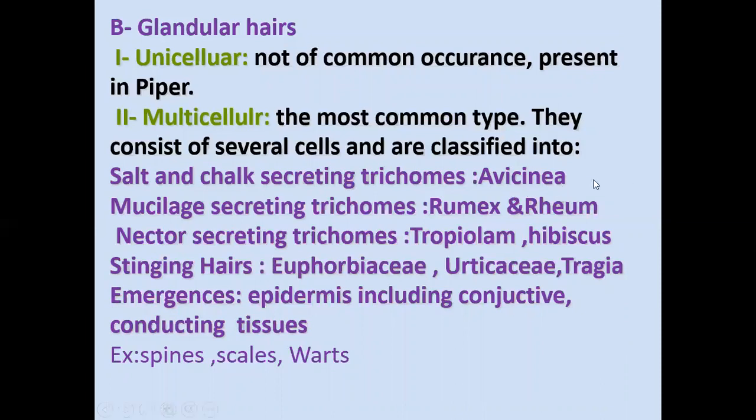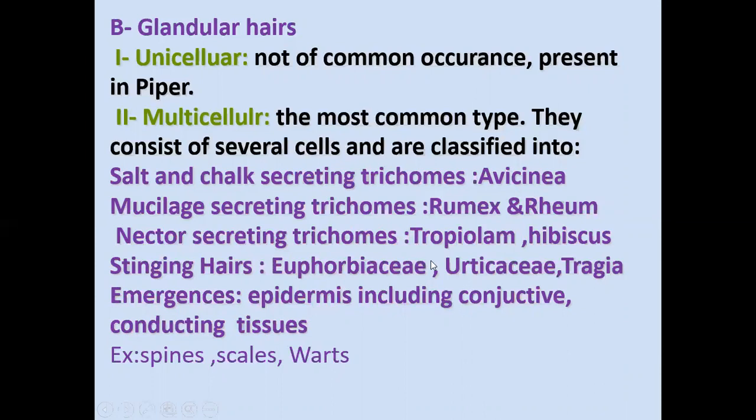You can see. Another one is mucilage secreting trichomes. Example Rumex and Rheum. These trichomes exude mucilaginous substances. So after destroying these trichomes, the mucilaginous substance comes out from the plant body.